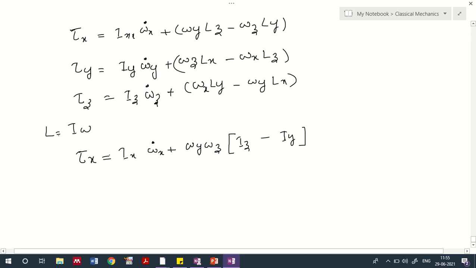Because L is equal to I omega, you can write the entire equation in this form.